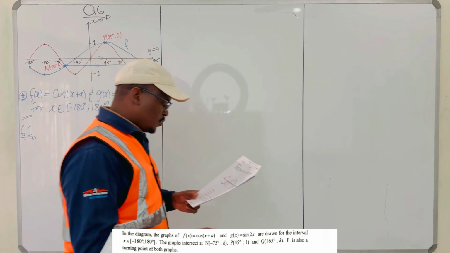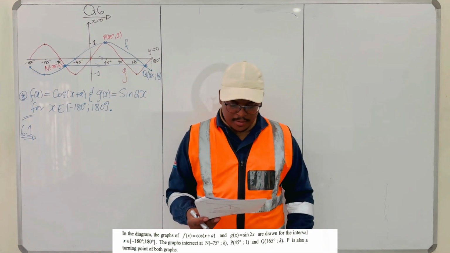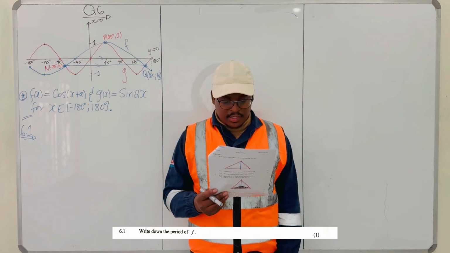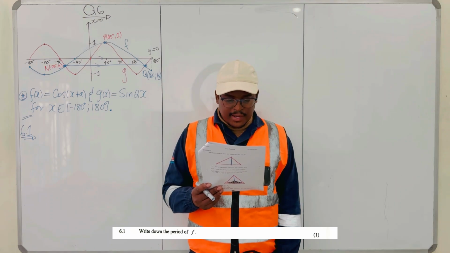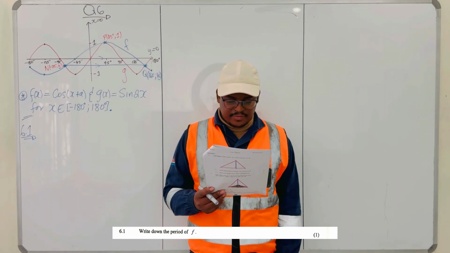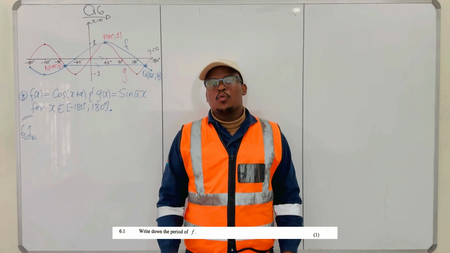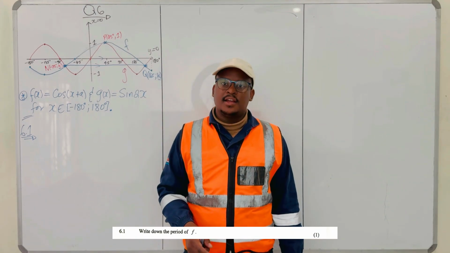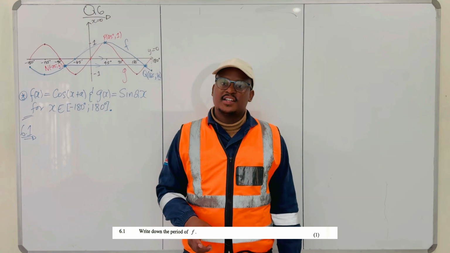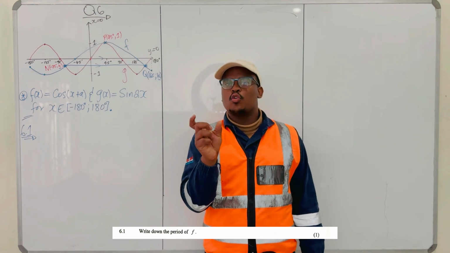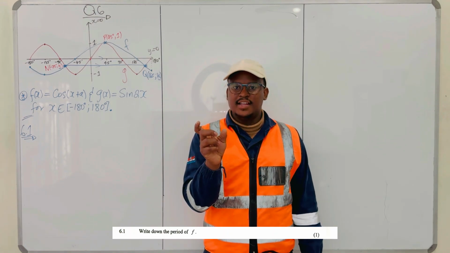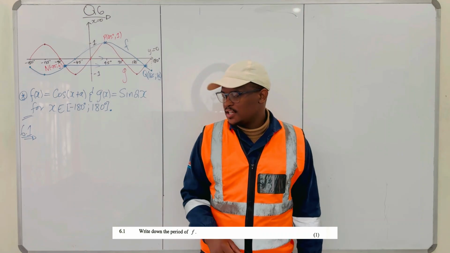No problem. So let's go to the first question. What are they saying? They're saying, write down the period of f. They want us to find the period of f. What is the period of a function? The period of a function is the duration of one complete oscillation.